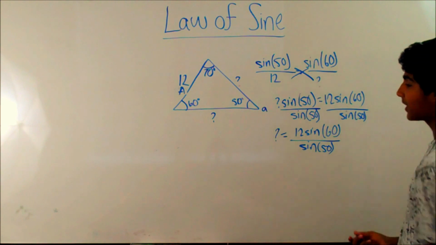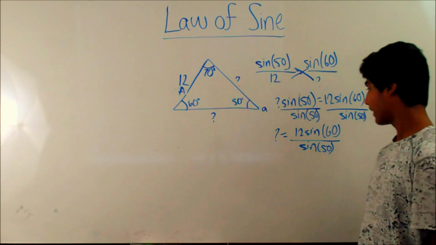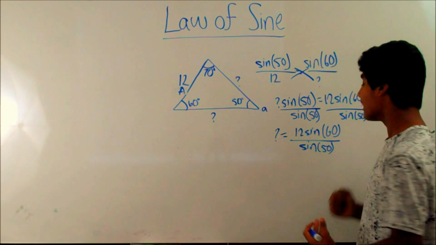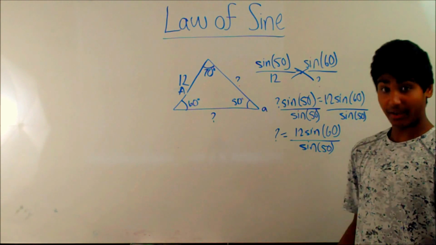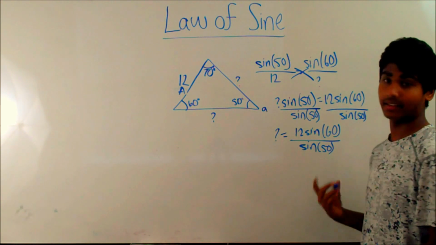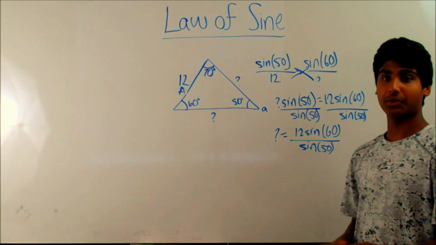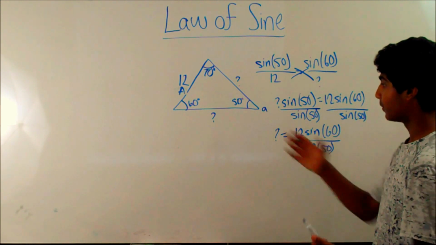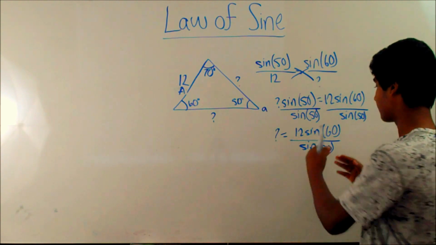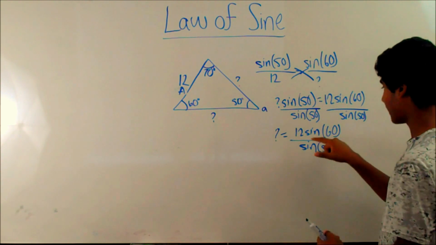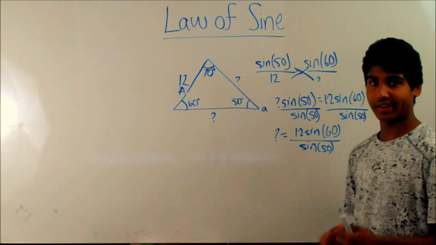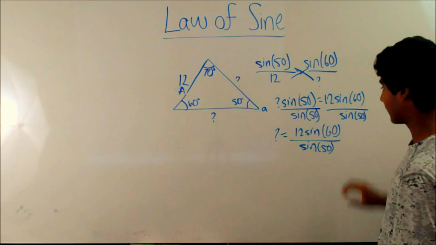Now, you could put this in the graphing calculator, but most people would just leave it like this, because you could convert it, or you can leave it like this, and this is an easier way to put it in. And that's what you usually put if you're doing it on a test. But if you really want the side, then you just put it in your calculator. But most tests are calculator inactive, and that's why we're going to leave it like this.